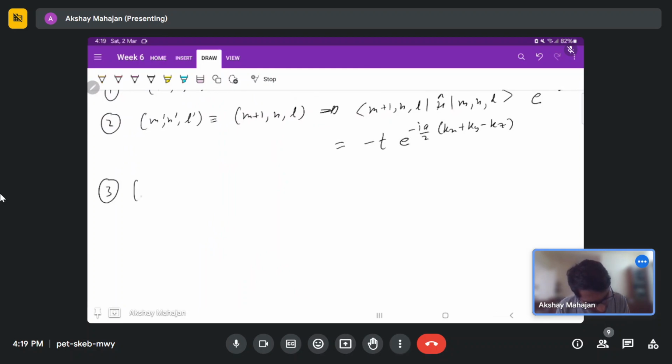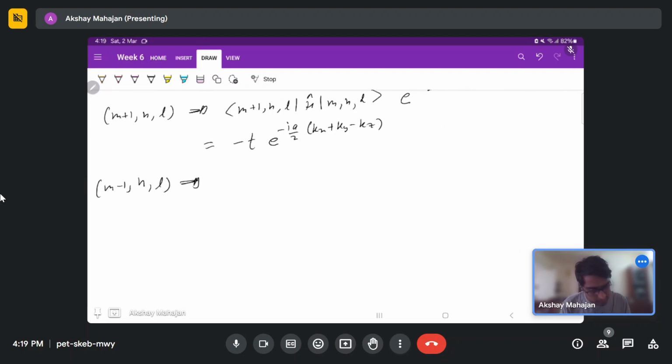Then our next neighbor is l prime, that will be m minus 1 comma n comma l. So again we will get m minus 1 comma n comma l, h cap m and l times e to the power iota a by 2 kx plus ky minus kz.